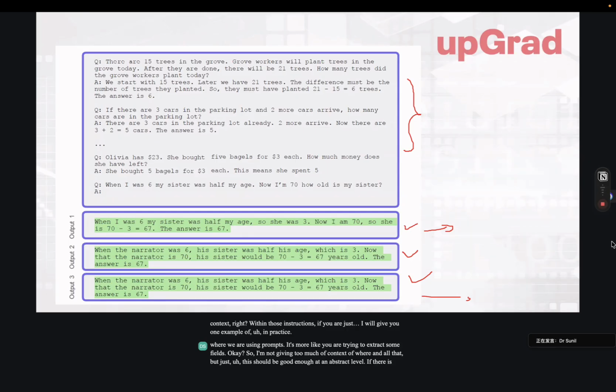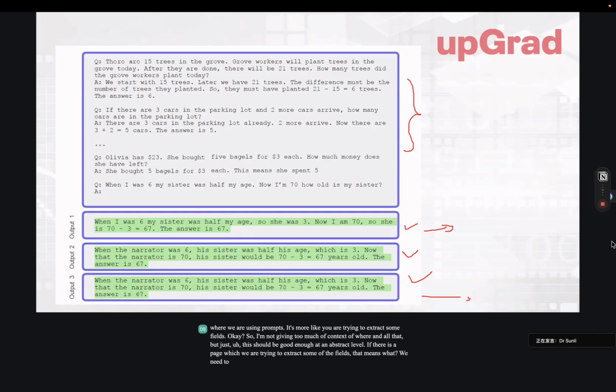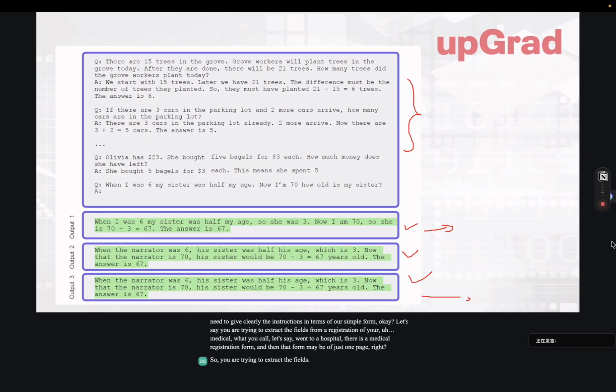If there is a page from which we are trying to extract some of the fields, that means we need to give the instructions clearly in terms of a simple form. Let's say you are trying to extract the fields from a medical registration form. You went to a hospital, there is a medical registration form, and maybe that form has just one page, right? So you are trying to extract the fields.